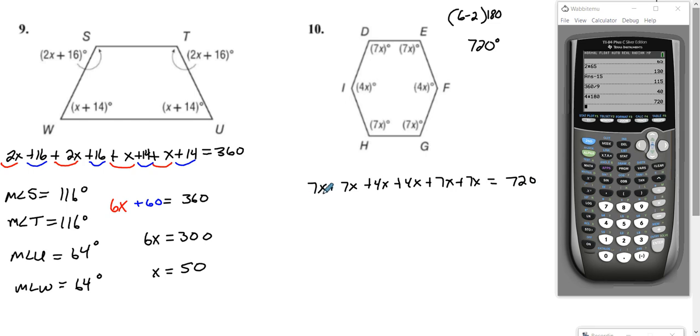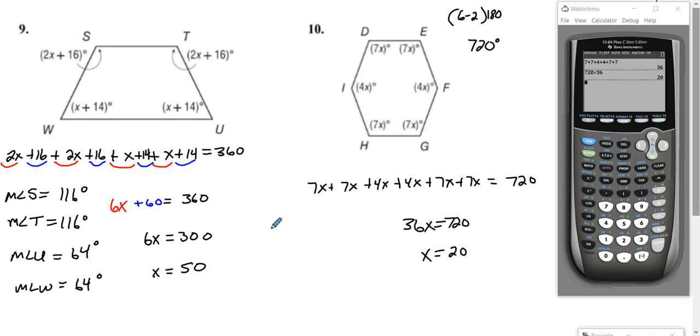So let's see here. 7 plus 7 plus 4 plus 4 plus 7 plus 7. I'm just going to use my calculator. That equals 36. 36x equals 720. 720 divided by 36. 20.